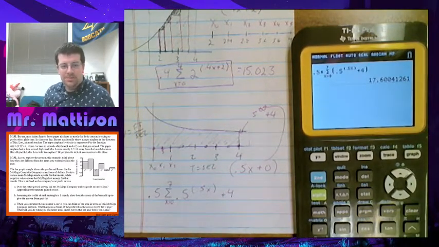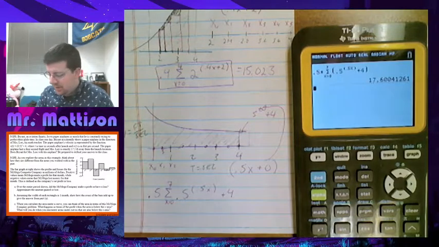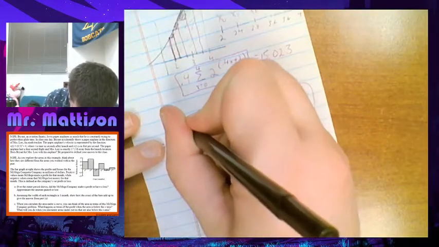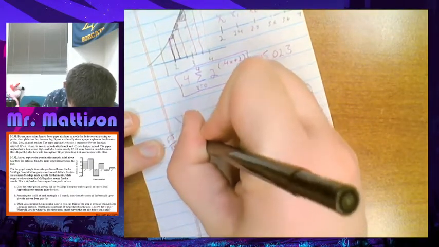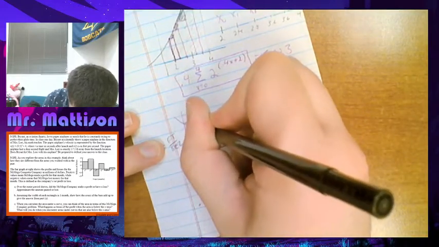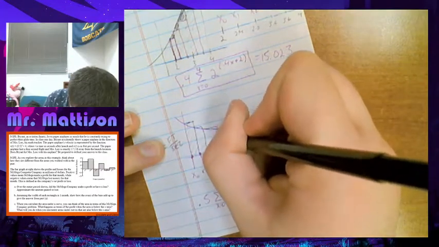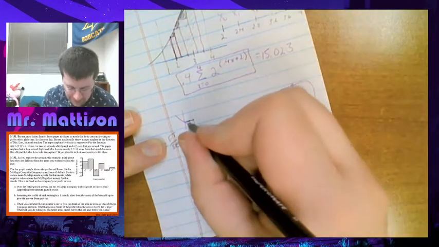So I know that that is an overestimate, because if I draw all of these, I'm going to be a little bit higher than I should. So I have those extra bits there.